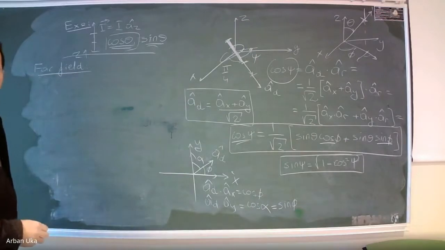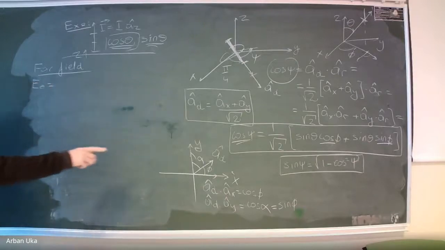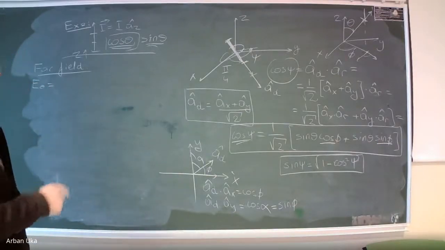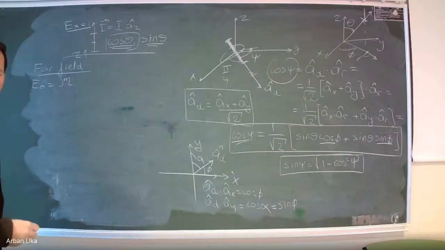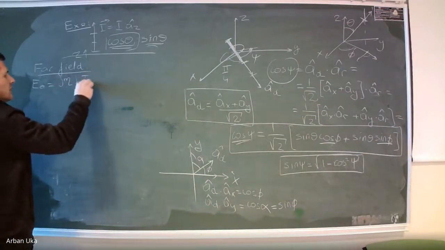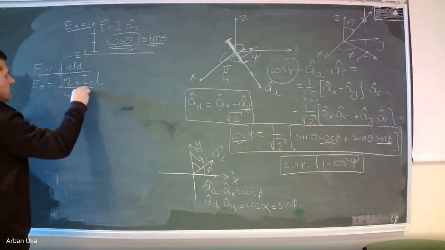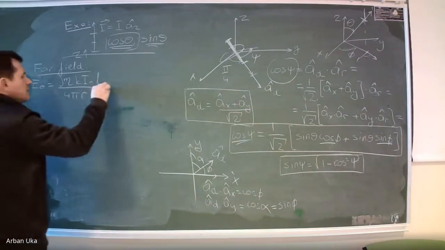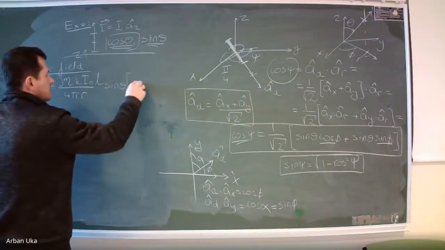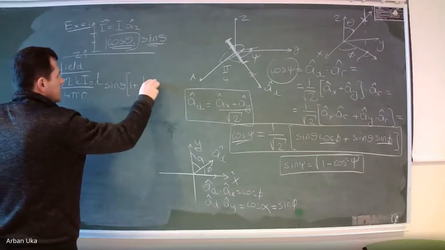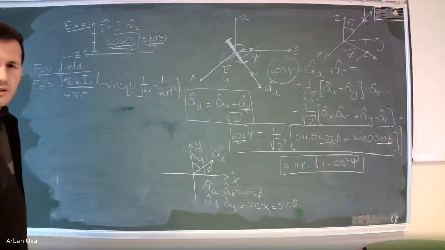In far field, E theta is j intrinsic impedance, k, the current I0 L, divided by 4 pi r, sine theta, times 1 plus 1 over jkr minus 1 over kr squared, times e to the power jkr.